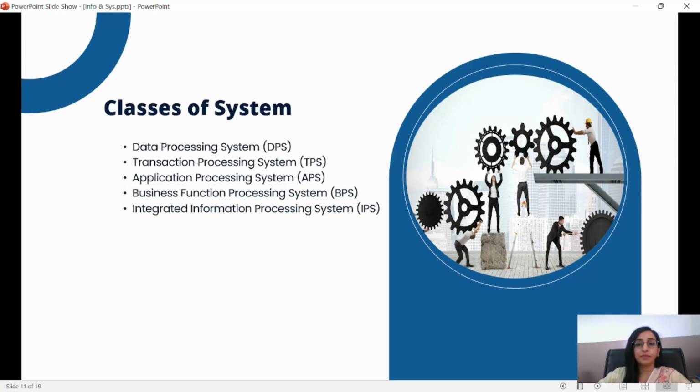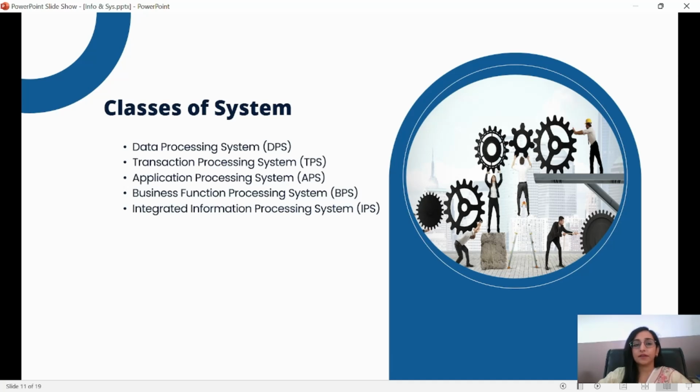IPS generally meets the requirements of top management in the area of planning, budgeting, and strategic control. Systems like project planning, capital budgeting, manufacturing planning, and preparing year-end balance sheet schedules and reports are examples of IPS.